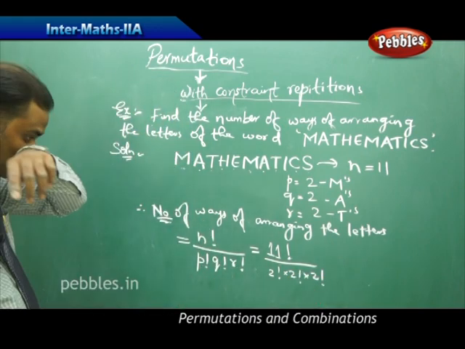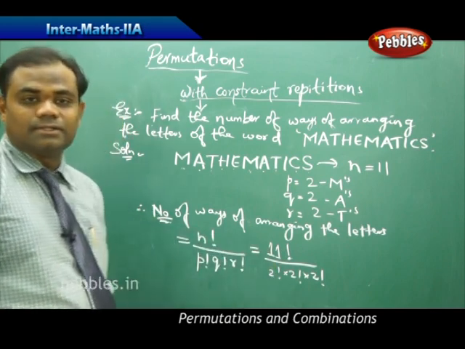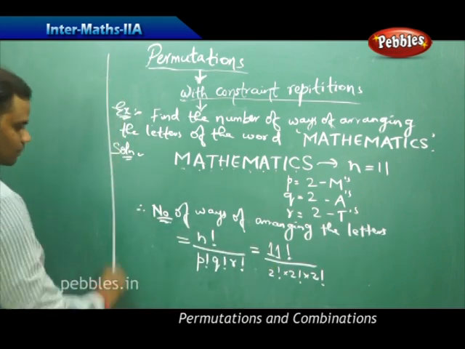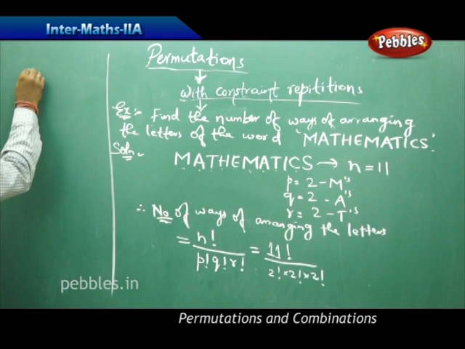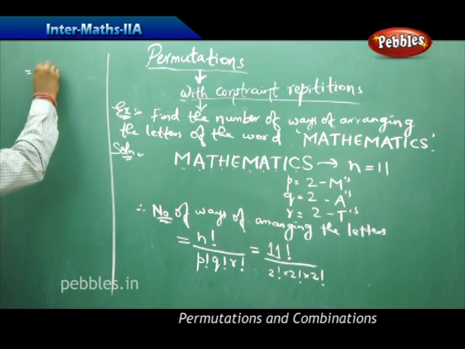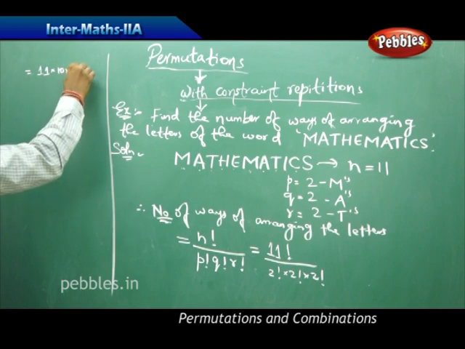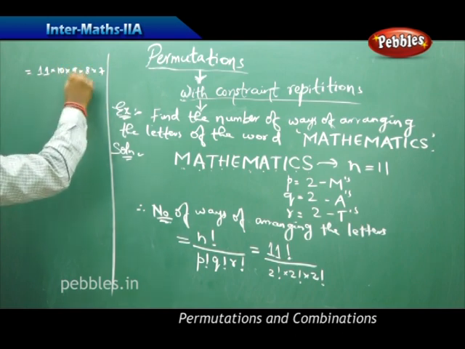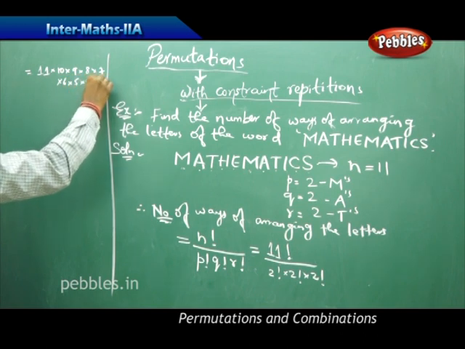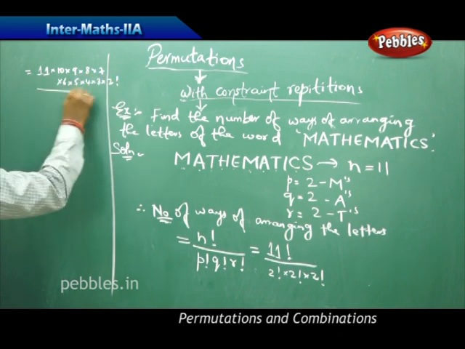Now the question comes on simplifying this. So let's see how we can simplify this, because 11 factorial is 11 times 10, 9, 8, 7, 6, 5, 4, 3, 2 factorial.